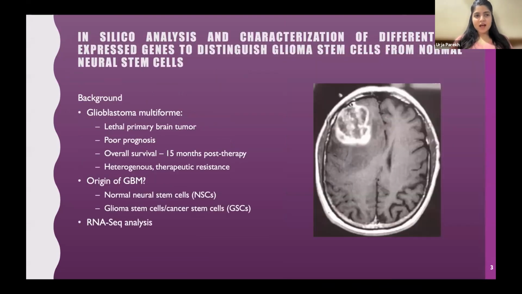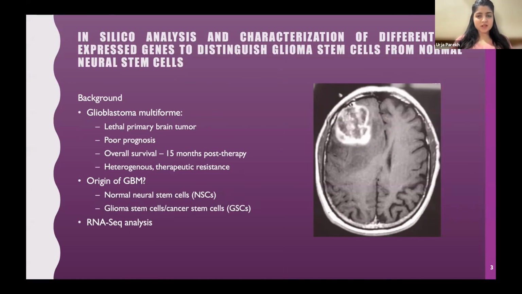With Pine Biotech, I have been working on this project on glioblastoma, where I am trying to elucidate the differences in gene expression between normal neural stem cells and glioma stem cells. Glioblastoma multiforme is a very lethal type of brain cancer where patients have an overall survival period of only 15 months post-therapy.